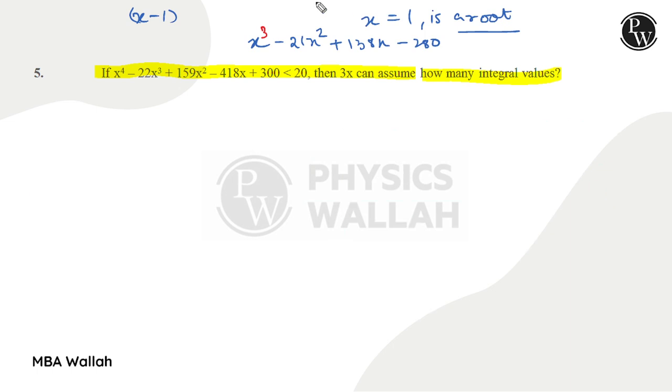Now I need to check. I have already told you that if x equals 1 is already a root, there is rarely a chance that you will get x equals 2 or x equals 3. So I'll try to find a little larger number, because there is a minus 280. So let's start with x equals 4.